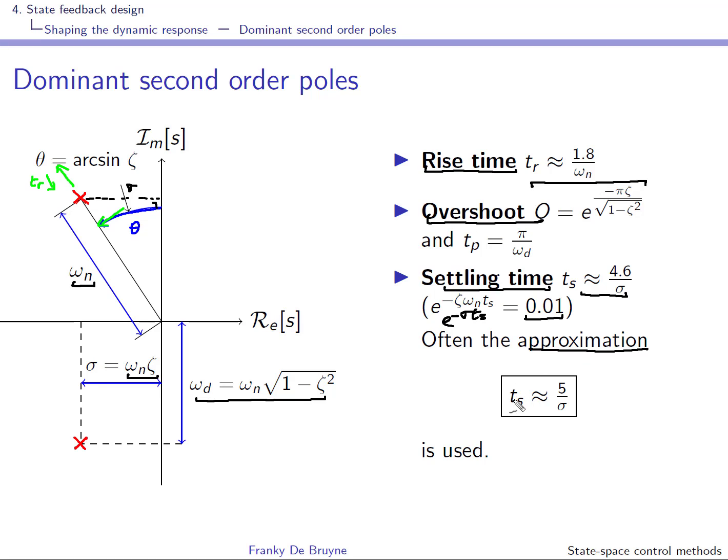So the settling time is 5 over sigma, where sigma is the real part of the poles. So if you want to decrease the settling time, what you should do is increase the real part. So you should go this way, and this will decrease ts, right?